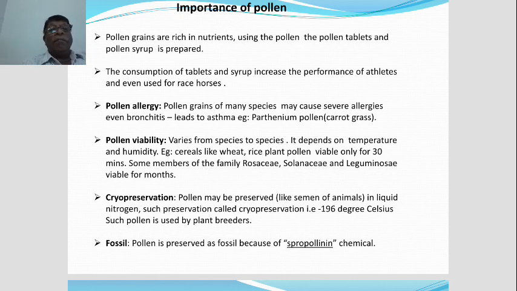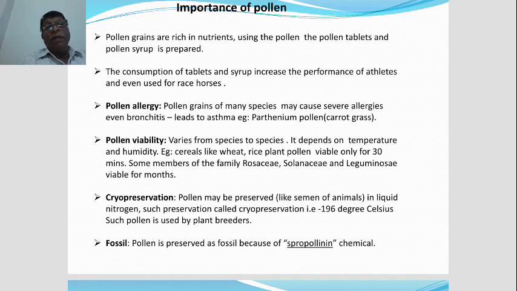Solanaceae means brinjal, tobacco, tomato, Datura; all these belong to this family. Leguminosae or Fabaceae actually consists of 3 subfamilies: Papilionaceae, Caesalpinaceae and Mimosaceae. Okay, that's all about pollen viability.